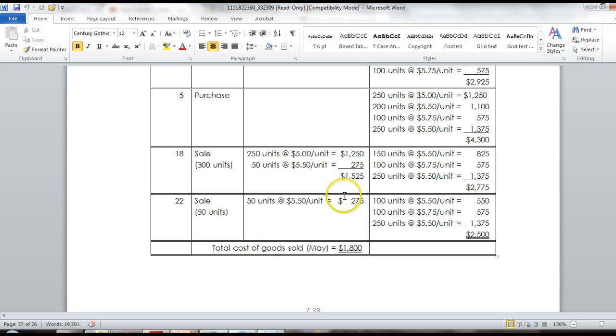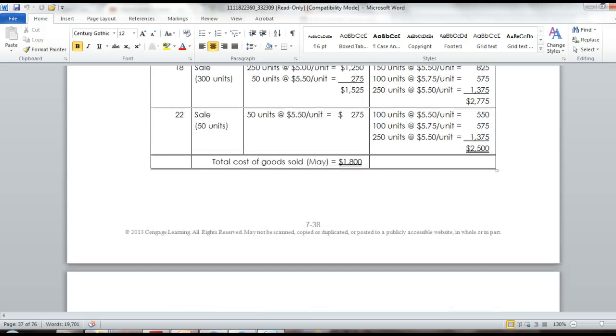So if our cost of goods sold with this batch is $275, we can take our $2,775, subtract from it our $275 to give us our new inventory balance of $2,500. So our total cost of goods sold in May would be the $1,525 plus the $275 to give us our $1,800 cost of goods sold.